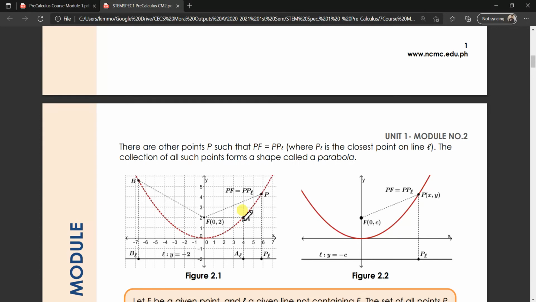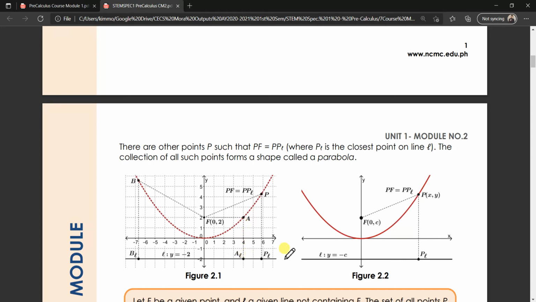So what is the distance from A to F, and the distance from A to our line L? This is very simple since this is a straight line, so we just have to count it. 1, 2, 3, 4. No need to solve. So the distance from A going to point F is 4. And from point A going to line L, the shortest distance, is 1, 2, 3, 4.